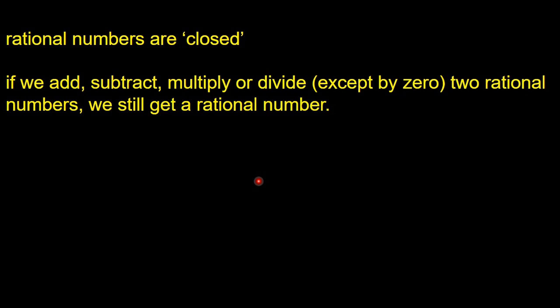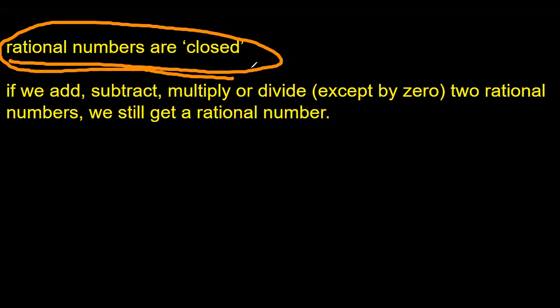So when you're doing any operation of addition, subtraction, multiplication, or division among rational numbers, you are getting a rational number. And what does that mean? It means rational numbers are closed. Whenever you multiply two rational numbers, you get a rational number. You add two rational numbers, you get a rational number, right? So they are closed.